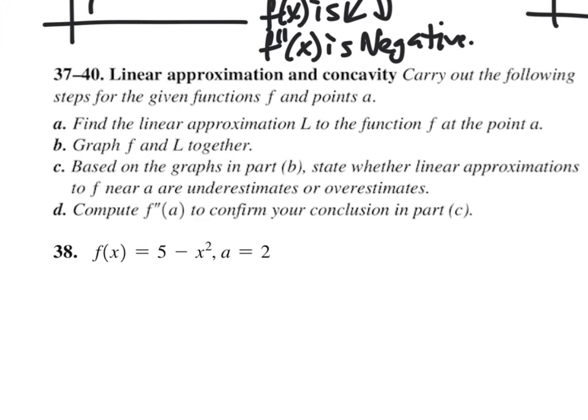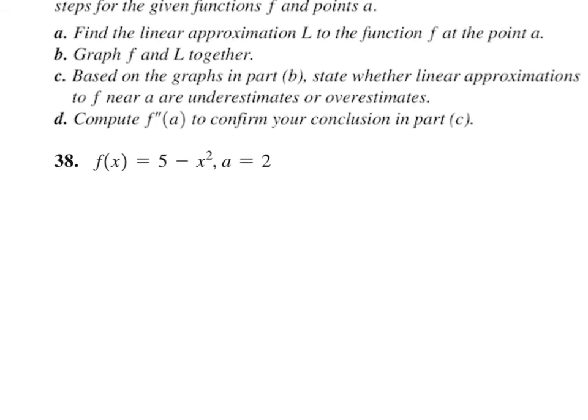It says find the linear approximation L to the function at the point a. We want to graph both the function and the line together. Based on the graph in part A, state whether the linear approximation is an underestimate or overestimate. Then compute f double prime of a to confirm our conclusion. Let's graph this equation, 5 minus x squared. That's a parabola that opens down, shifted up 5 units.